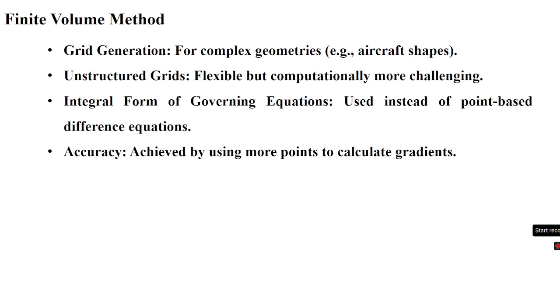So finite element method is more accurate but more complex. Now we are talking about the finite element, after FDM, FVM, and this is FEM. So FEM, the finite element method, is more accurate but more complex.